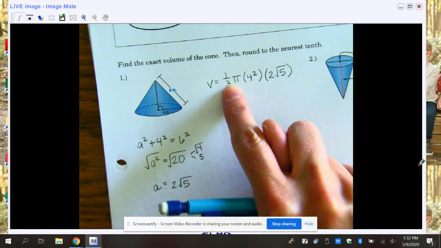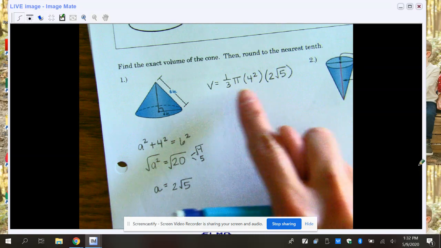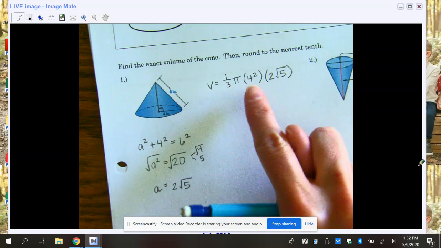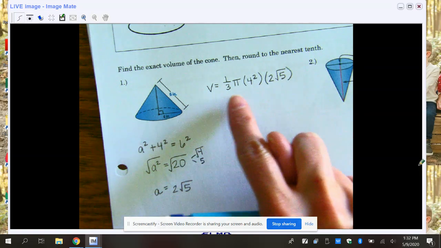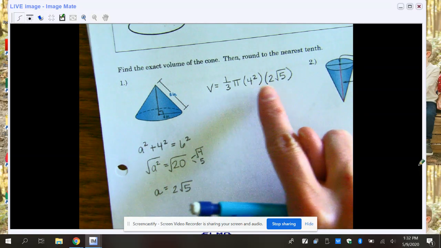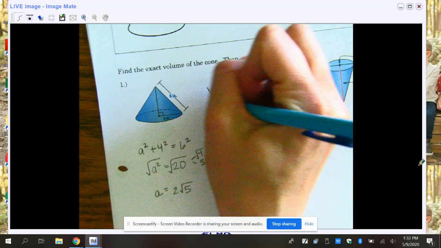It's not divisible by 3 either. And so I'm not going to get a whole number when I multiply the 1/3, the 4 squared, and the 2 together. So again, I'll just start by multiplying 4 squared times 2 and then putting that over 3.